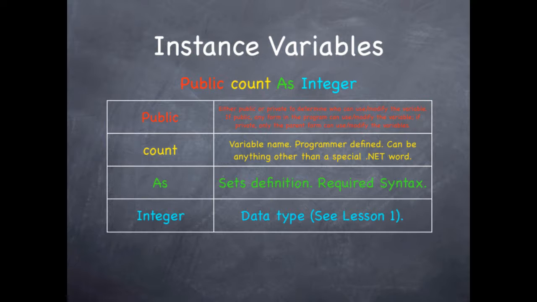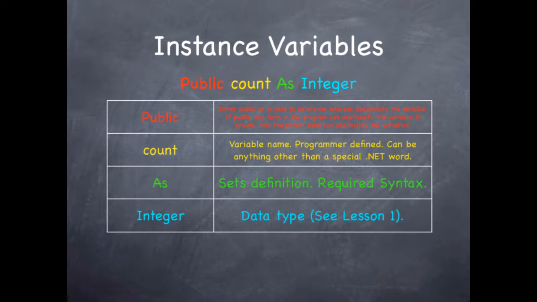Here's just the basic syntax: Public count as integer. Public is either public or private. If it's public, then any form in the program can use or modify it, and if it's private, then only the parent can modify it. Count, in this case, is the variable name.